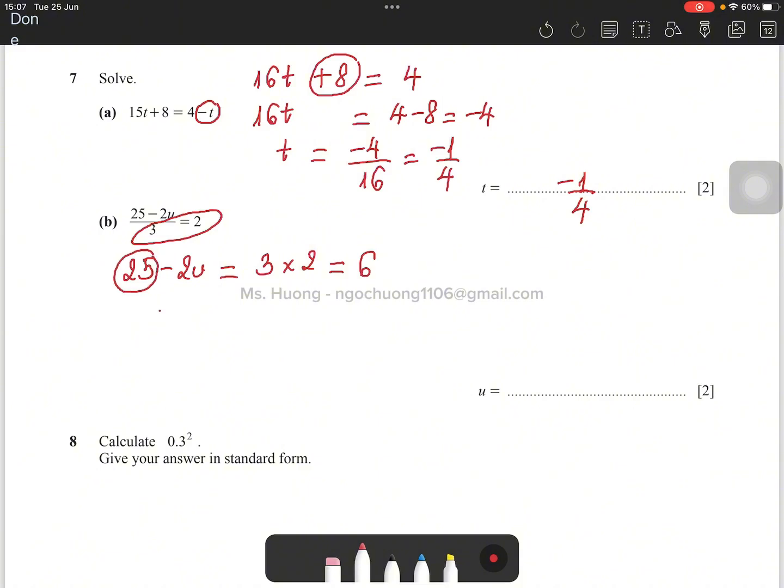So negative 2u equals 6 minus 25, which is negative 19. Finally, we divide negative 19 by negative 2 to get the value for u. And this is 19 over 2, or you can write 9.5.